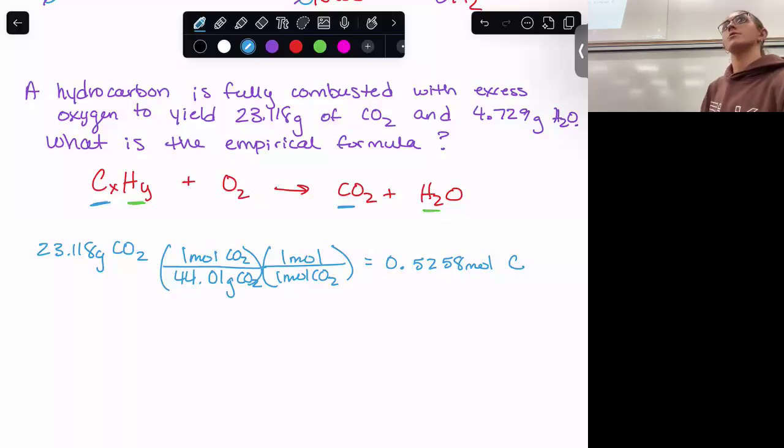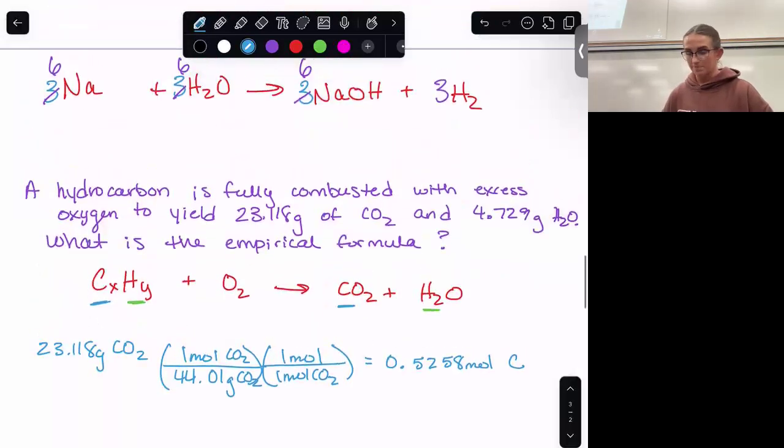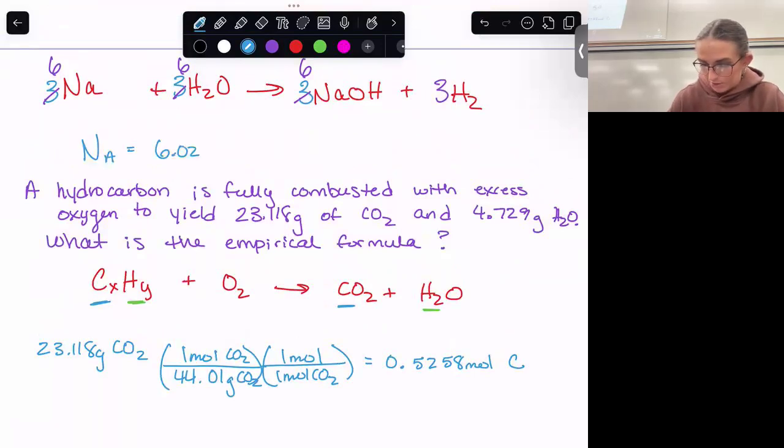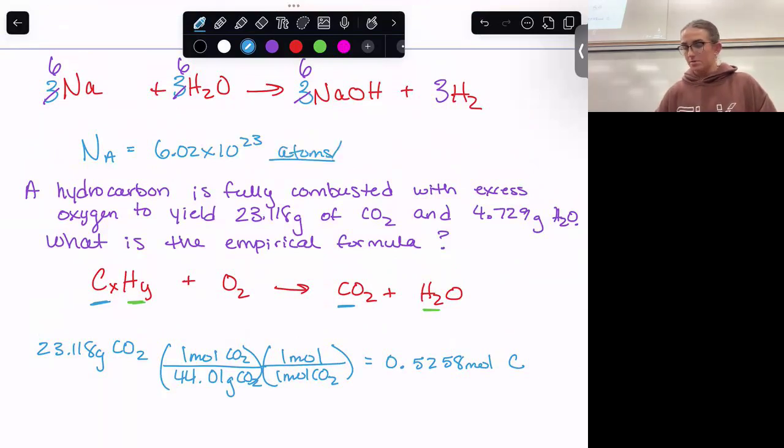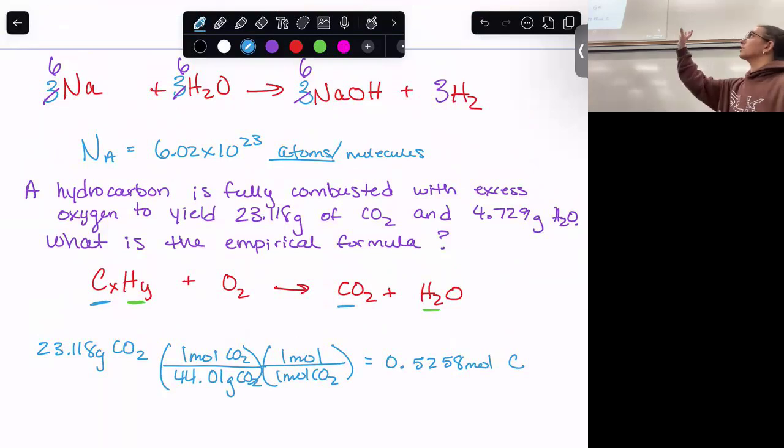So what would you multiply by Avogadro's number? What are you looking for when you do that? Avogadro's number, that's a great question. Avogadro's number is 6.02 times 10 to the 23, and this is atoms, molecules, compounds, whatever you need. That's when you're looking for how many atoms something has.